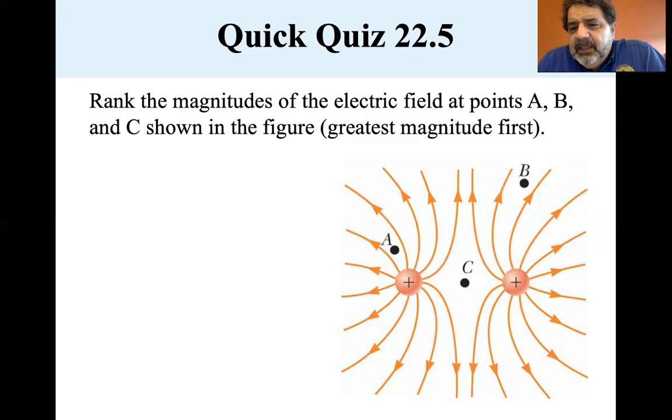B is a little further away than A, so it's probably second. And C is right in a null spot between the two areas, so it probably has zero field because they oppose one another. So I'm saying A, B, C.